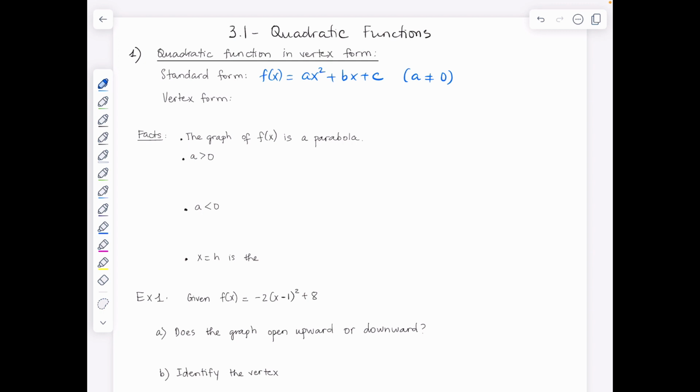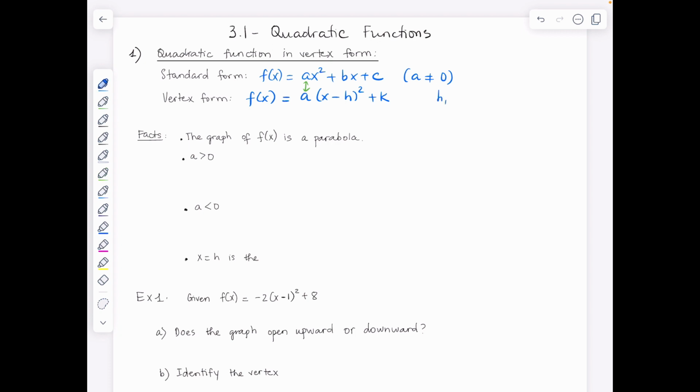Now, the vertex form, which is our main focus, will be the form f of x is equal to a times x minus h squared plus k. Now, first of all, I want you to notice that the a in the standard form and the a in the vertex form are the same number.